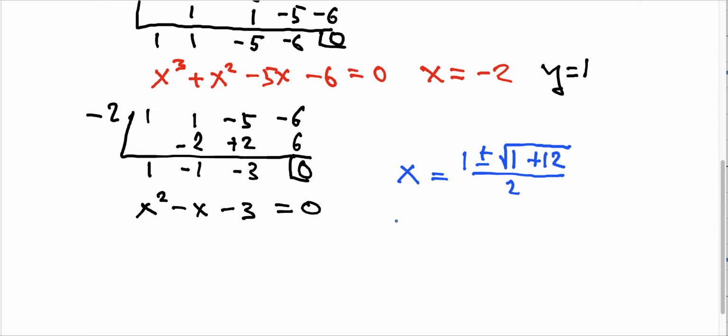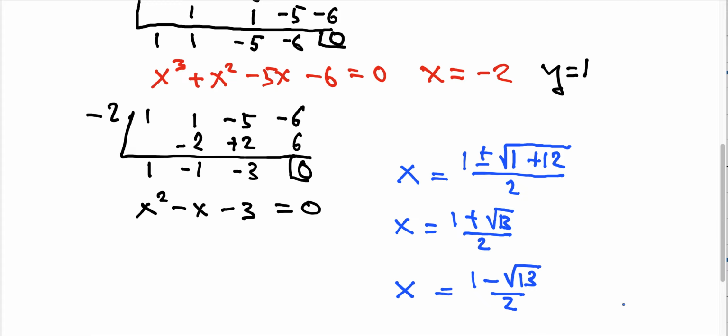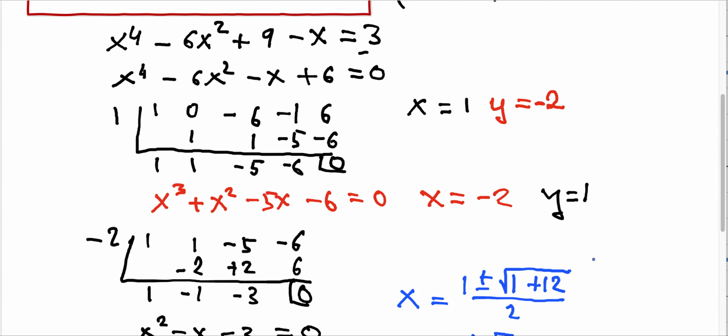And we are looking closely. So one x is going to be 1 plus the square root of 13, because 1 plus 12 is 13, divided by 2. And the other x is going to be equal to 1 minus the square root of 13 divided by 2. And how can we plug in here to find the y?